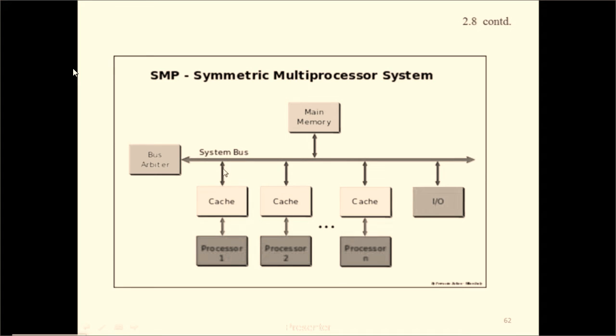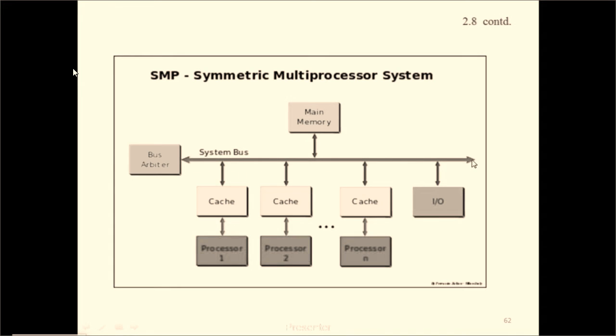Either it might go to processor 1 or 2 or N or I/O. Now, it suffices if you don't show the cache, but this is what usually happens. From the system bus, data is first pushed to the cache and then on to the processor, which always pulls data from its own cache. Okay?